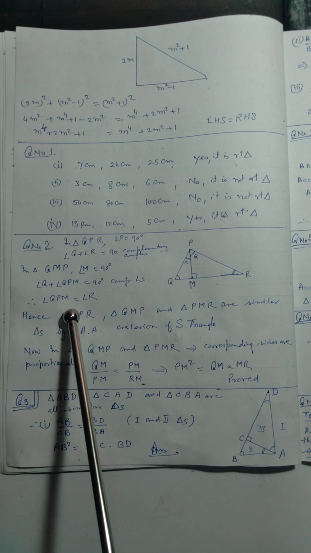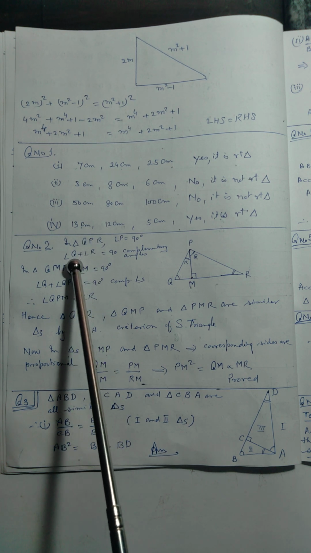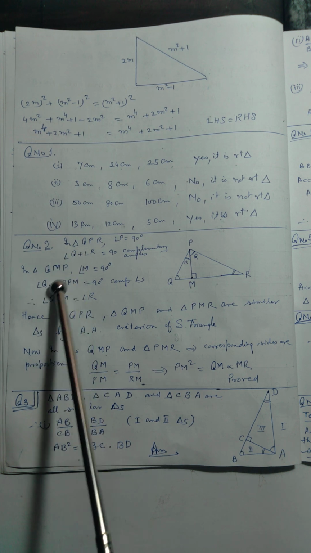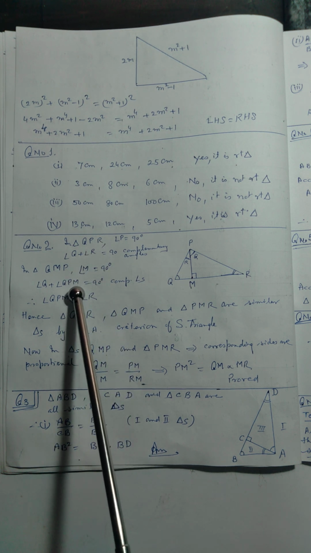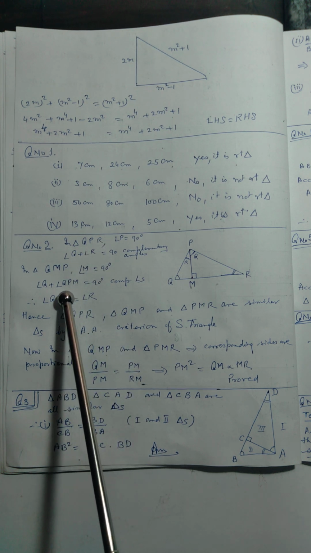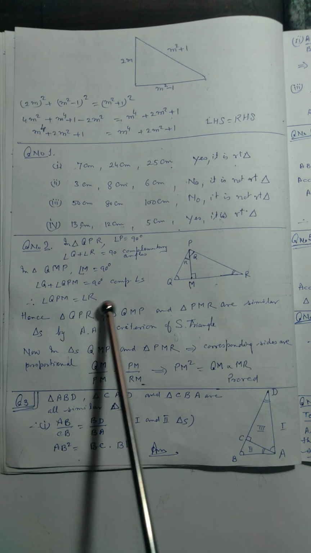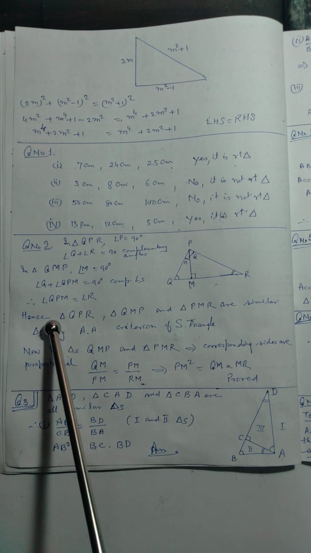Therefore, QPM is equal to R. Here if you compare the Q, for the same angle Q, these two angles are complementary angles. Therefore, angle QPM and angle R are equal. That is why I have written inside it the angle R.